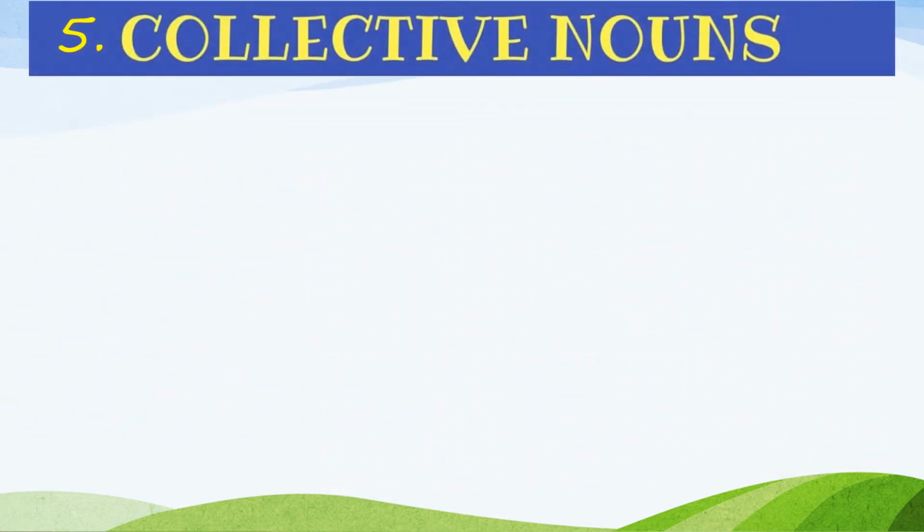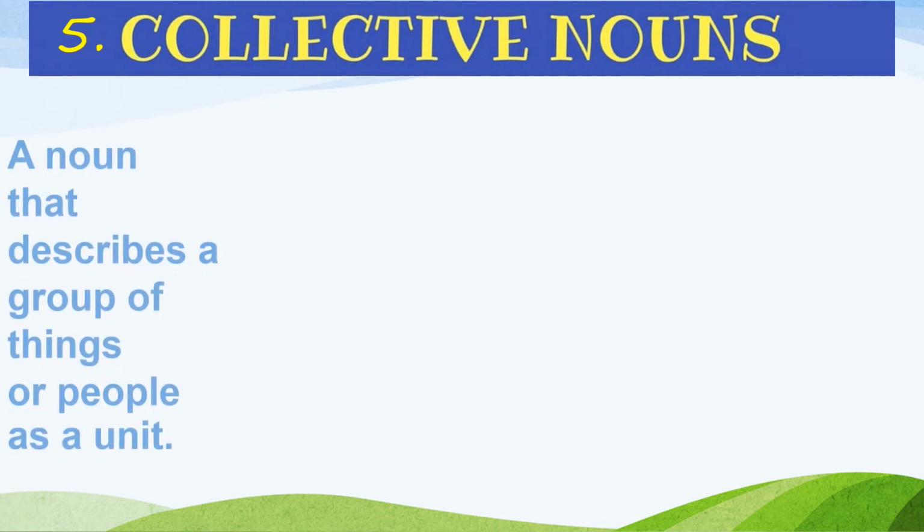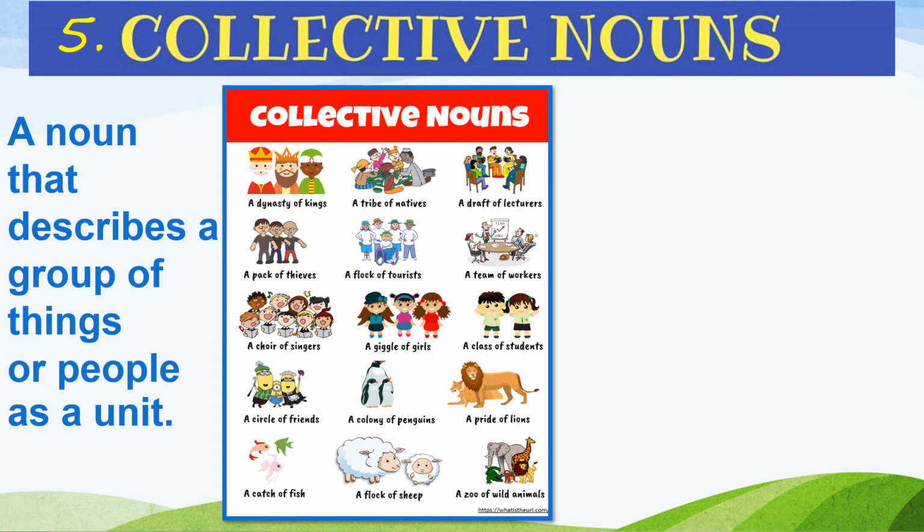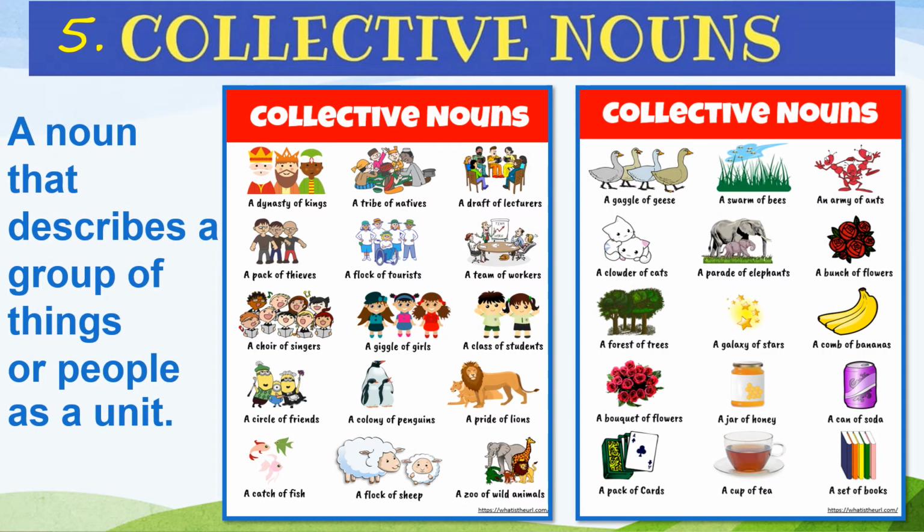Number 5, collective nouns. Collective noun is a noun that describes a group of things or people as a unit, just one unit. Here we have some examples. Okay, the collective nouns may be in people or in animals, etc. For example, if we say the word team.